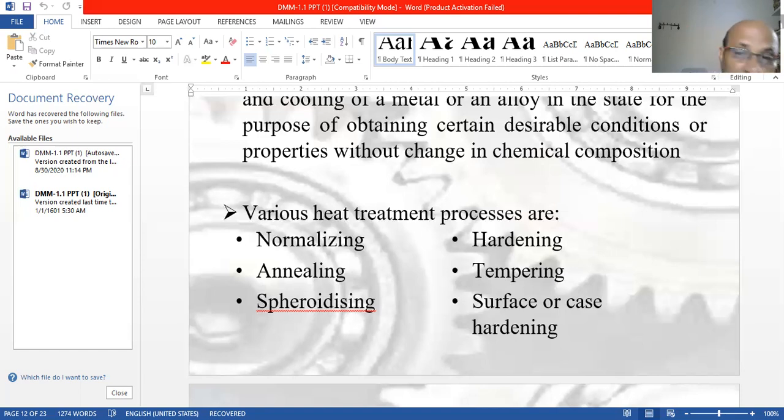But in hardening we can remove them, because we heat the metal to a maximum temperature, near about 1300 degrees centigrade, 1100 to 1300 degrees centigrade. So the stresses will definitely go out, and machinability is increased in hardening.